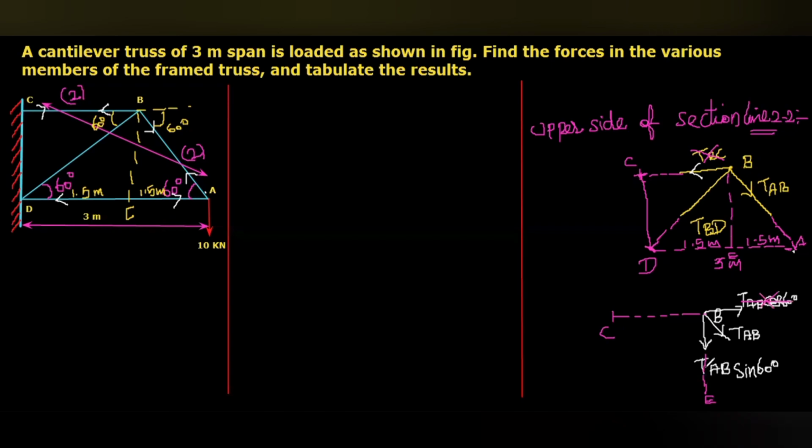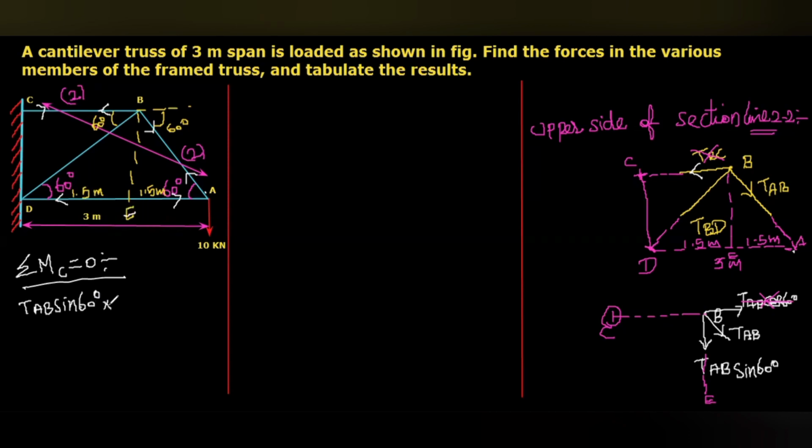So for TAB sin 60, when you take moment about C, the perpendicular distance is CB or BC. When I take the moment about C and equate to 0, the TAB sin 60 is multiplied with the value CB, which is equal to 1.5 meter.